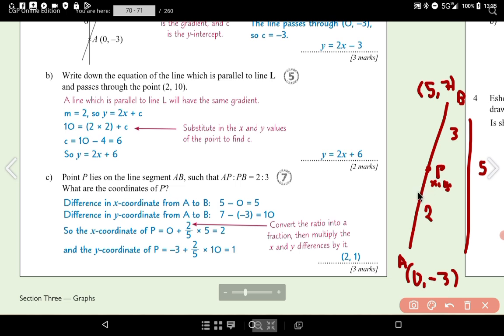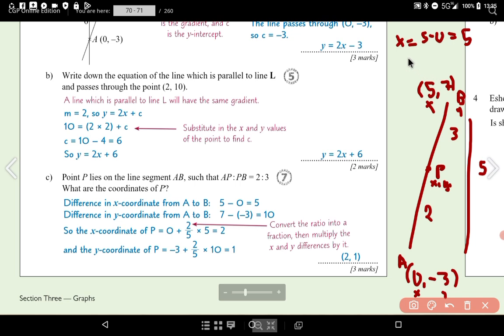So here's what we're going to do. Let's find the differences. So the difference in the x-axis, we're going to use the x for B and the x for A. So 5 minus 0, that will be the difference. This gives us 5. Then the difference in the y: this is y and this is y.